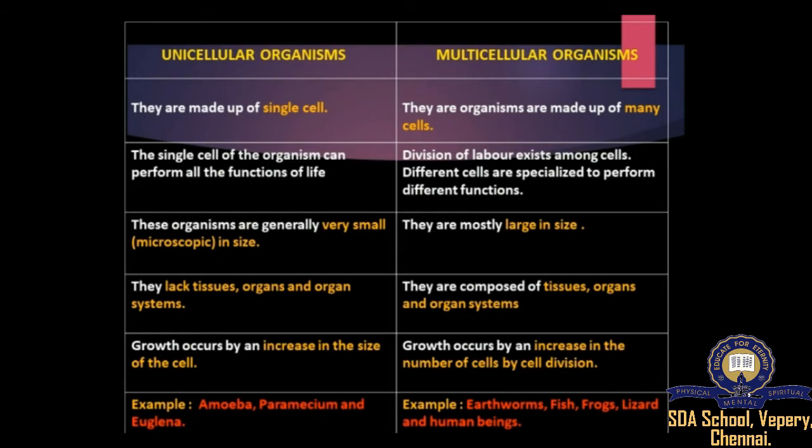Okay, so the unicellular organisms are of a single cell and multicellular organisms are of many cells, and in unicellular organisms, one single cell performs all the functions of life, whereas in multicellular organisms, division of labor exists among all the cells. Okay, and unicellular organisms are very small and microscopic in size, and the multicellular organisms are larger in size, and the unicellular organism lacks tissues, organs, and organ systems, whereas multicellular organisms are composed of tissues, organs, and organ systems.